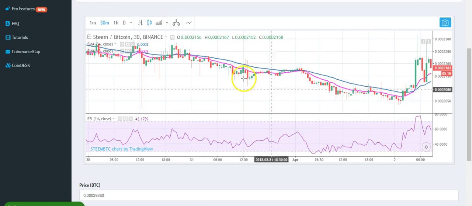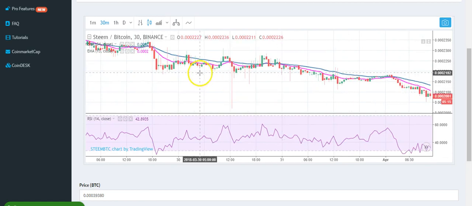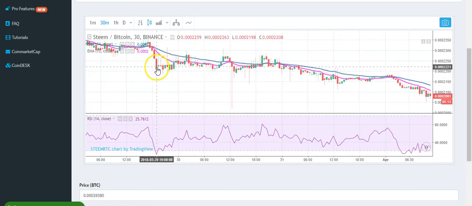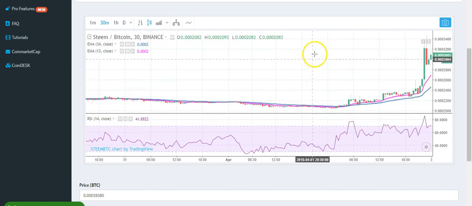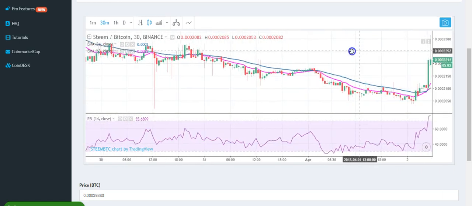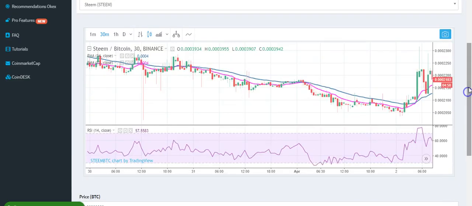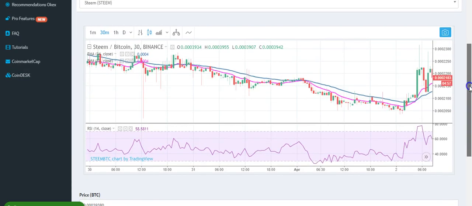But then again, you set your profit percent to 3%, and right here, I bought it at 2226. Well, guess what? It went up to 3413. So that's how you trade Steem. That's the easiest way to trade Steem using a bot, as far as being able to control what's going on.